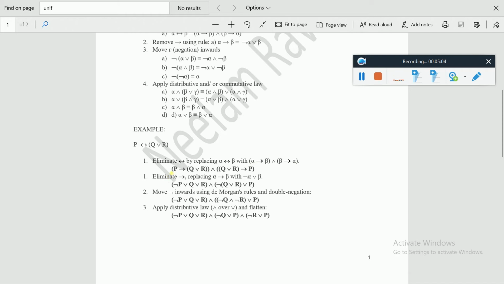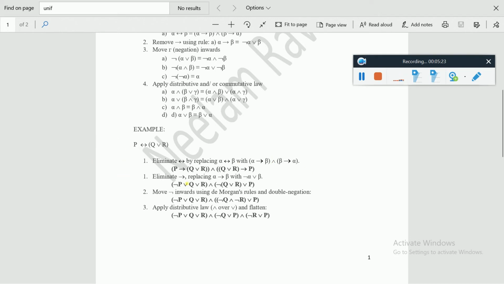So what I did, I actually wrote P implies Q or R and Q or R implies P. So obviously I applied the formula of alpha biconditional beta on my WFF.